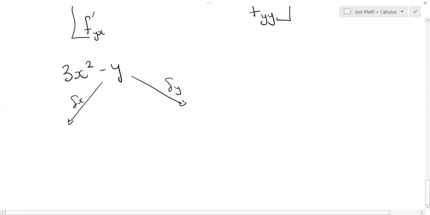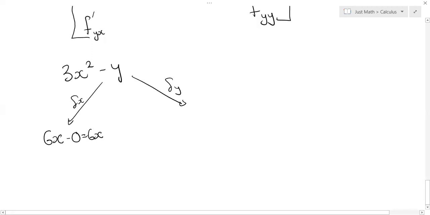So this one, with respect to x, we focus on the x. This is going to be 6x minus 0. I mean, use the y as a constant here. So minus 0, we just leave it at 6x. Nice.